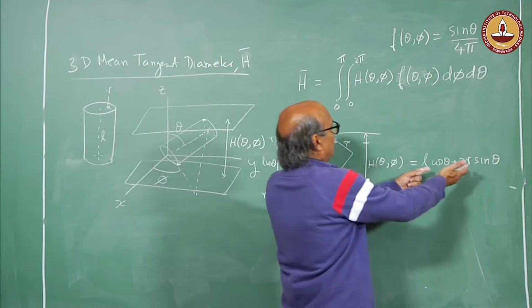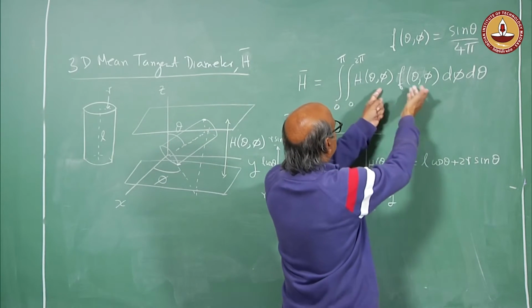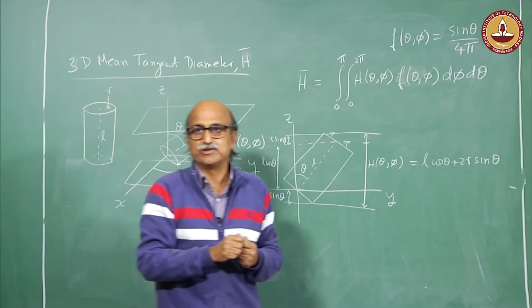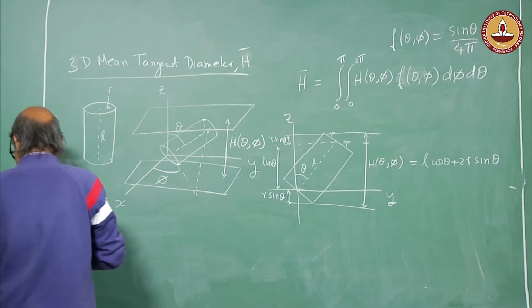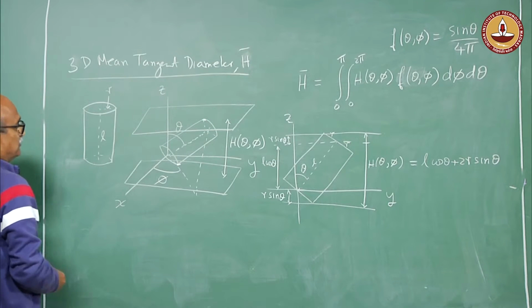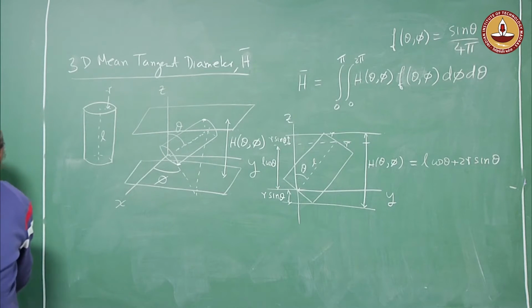Now, all I have to do is substitute this in this equation and get the mean tangent diameter by integrating it twice. So, let us do this partly.